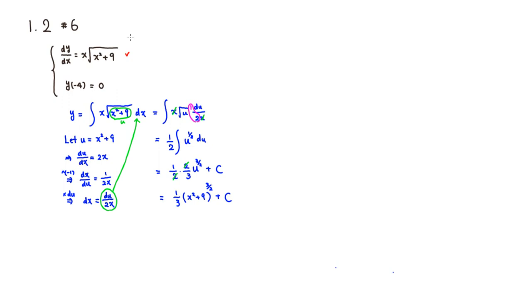So let's use the initial value condition to find the value of c. We're going to plug in -4 for x. So we have 1/3 still there.